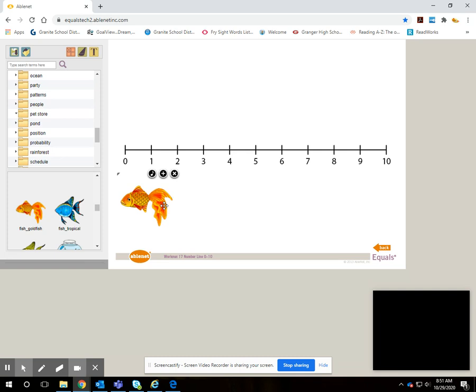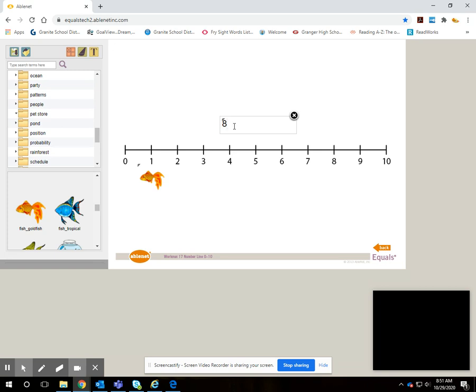All right, so let's make these goldfish just a little bit smaller. And let's say that I have 8 goldfish today. So I'm going to write 8 right here, and I have 8 goldfish that I'm going to start with, okay?